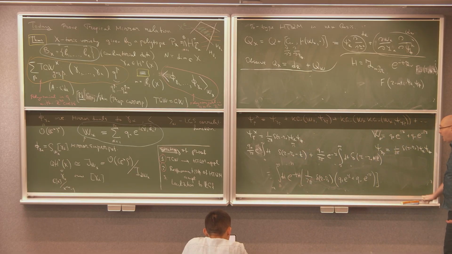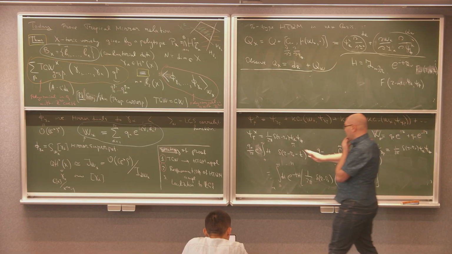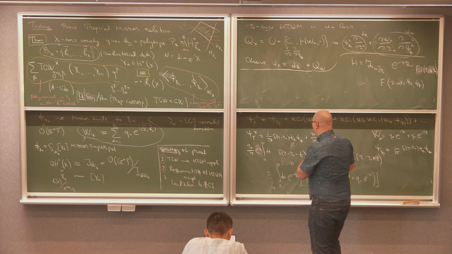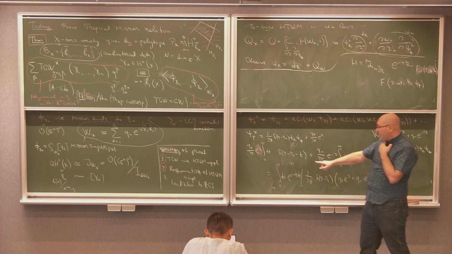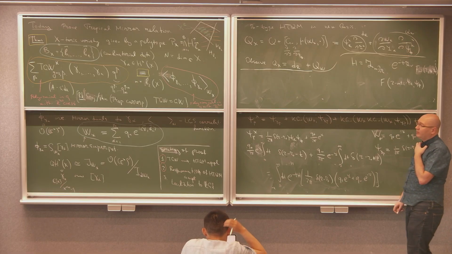Okay, and now we can evaluate this integral. Let us write that we will have two types of terms, q plus over 2 pi e to the y, and let us evaluate this integral. In this integral t goes from 0 to infinity.